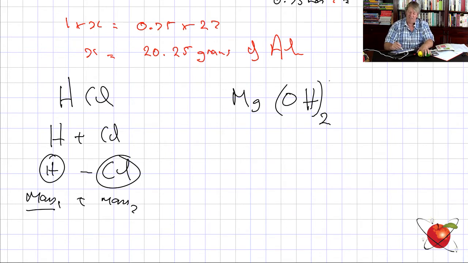So, in other words, Mg and OH2s. But be careful, these OH2s are split. There's an O and an H and another O and an H. Let's strip it apart. We've got the mass of a magnesium, the mass of how many O's? There's 2 times 2, and hydrogen times 3.